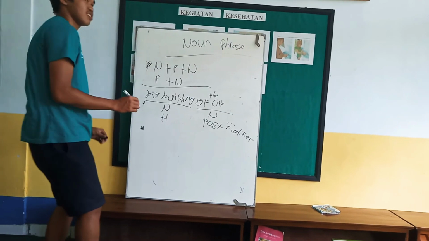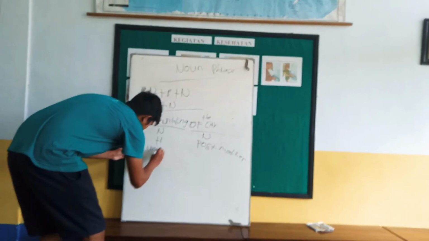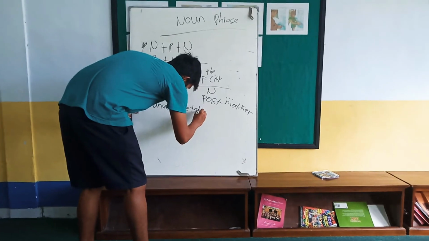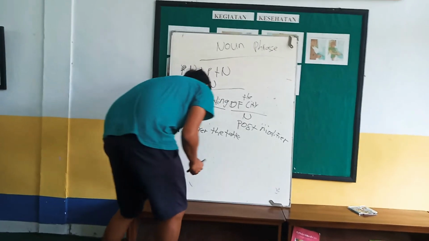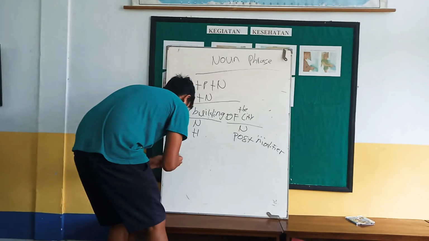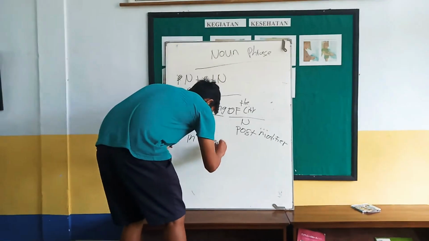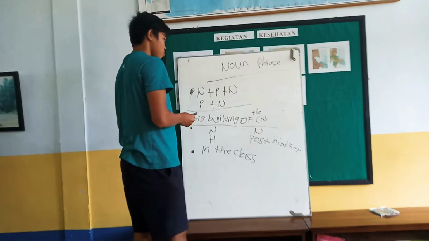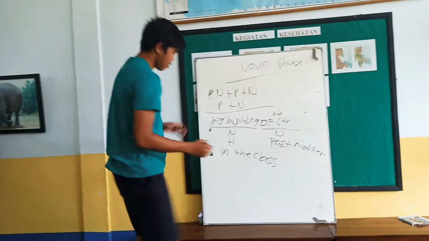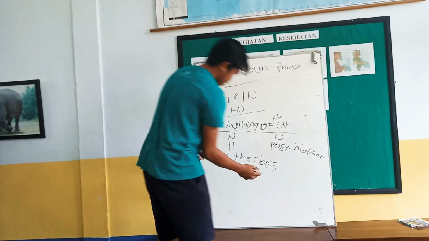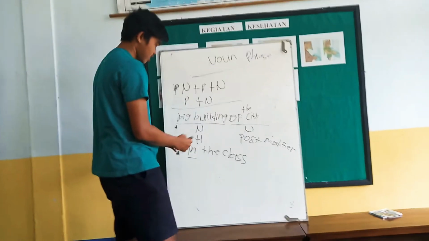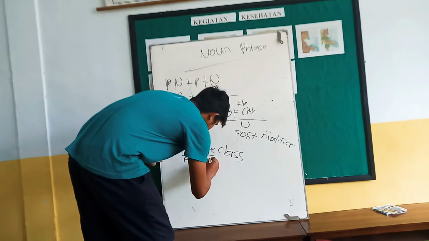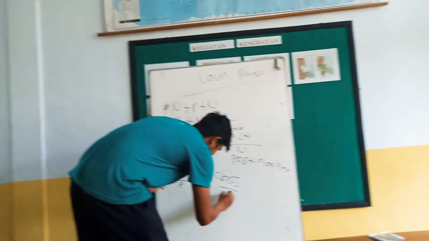And then the second, preposition plus noun. An easy example is in the class. In is a preposition, the is a determiner, and class is a noun.